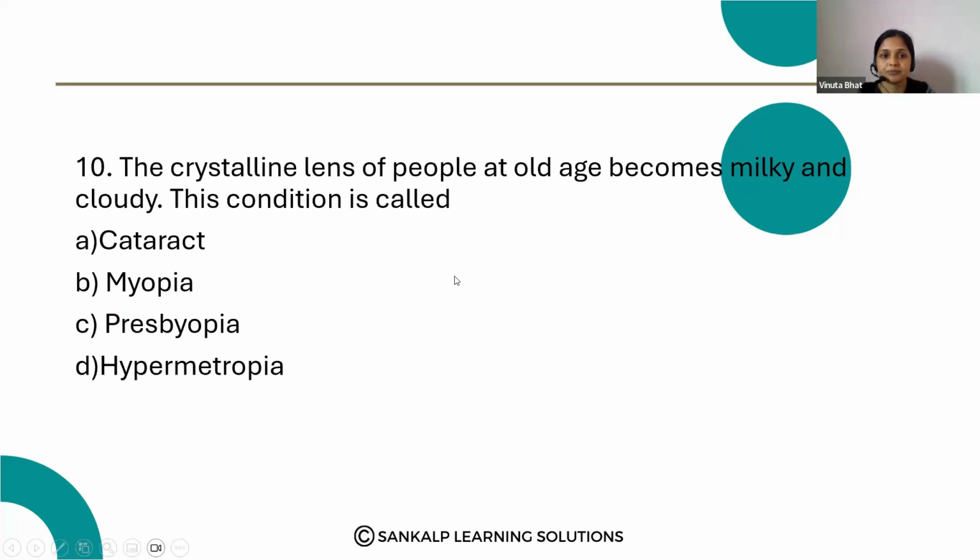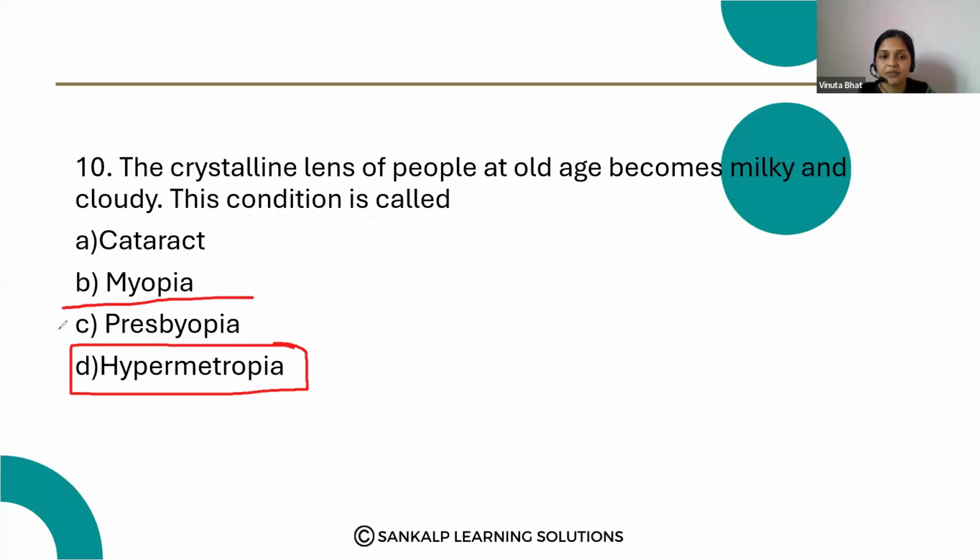Next question. The crystalline lens of people at old age becomes milky and cloudy. This condition is called cataract, myopia, presbyopia, or hypermetropia. Hypermetropia is caused by the image formed just behind the retina, which is an eye defect.